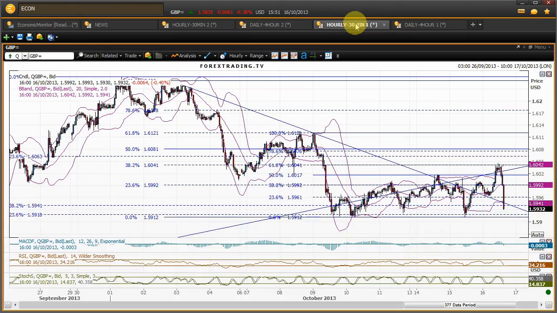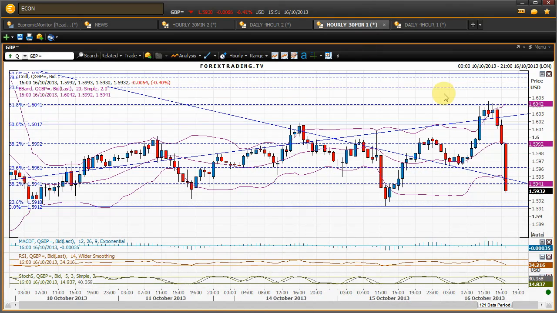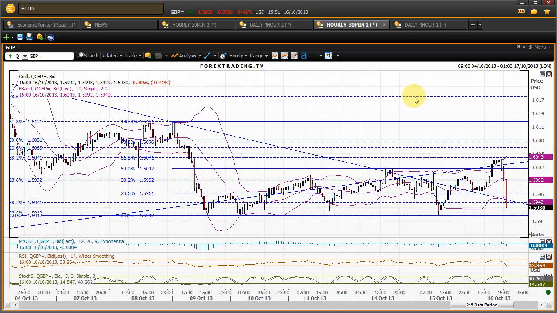So we are coming down to it again. You can see the price action over the last 3 hourly candles, we're pushing aggressively lower and lower. This is the level right here, 1.5915. The low has been exactly 1.5915 all these times.